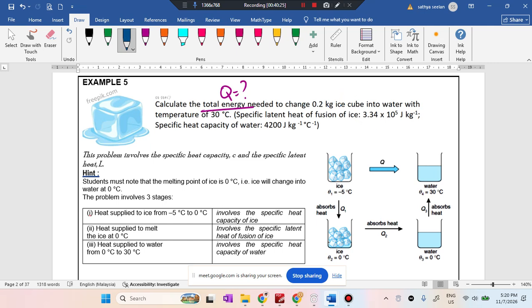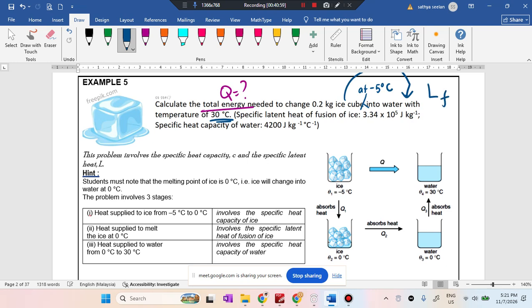Ini cikgu nak bagi to change 0.2 kg ice cube at negative 5 degrees Celsius. You nak letakkan 0.2 kg ice cube ni at negative 5 degrees Celsius into the water with the temperature of 30 degrees Celsius. Okay, so eventually the temperature become 30 degrees Celsius lah kan. Sebab dia nak convert ice cube ni kepada water.